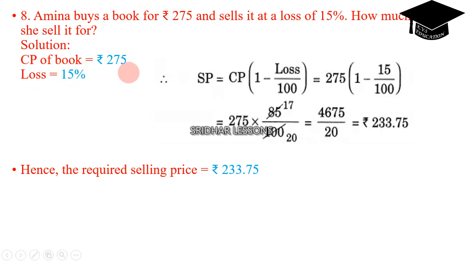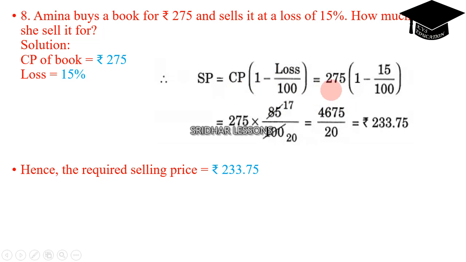The cost price of a book is equal to 275 rupees. The loss is equal to 15%. Therefore, selling price is equal to, what is the formula? Cost price into 1 minus loss by 100. We know the values.